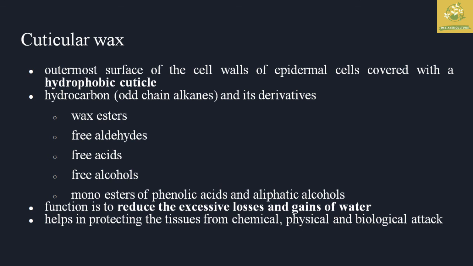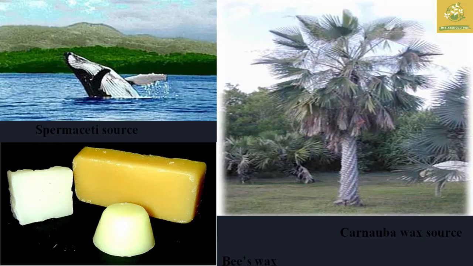The function is to reduce excessive loss and gain of water and to protect the tissue from chemical, physical and biological attacks. These are the sources: spermaceti wax is found in the whale, and the photos of carnauba wax and beeswax are given in this slide.